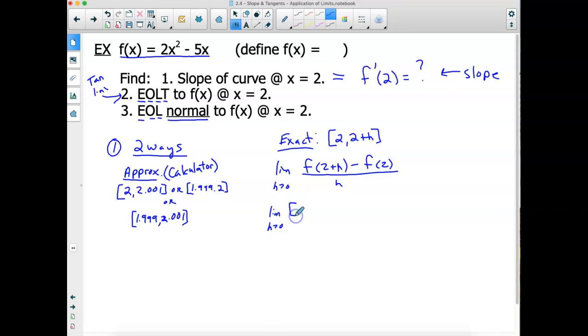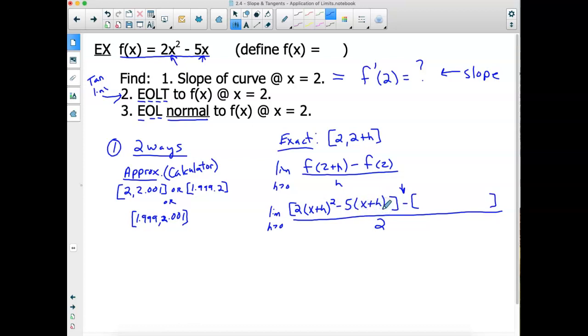And I need to find out f of 2 plus h minus f of 2. I always set this up with parentheses because that is a very troublesome subtraction symbol that always gets forgotten. I got to take my 2 plus h, and I need to plug it in for each x up here. So I'm going to have 2 times (2 plus h), and we're going to square that, minus 5 times (2 plus h).